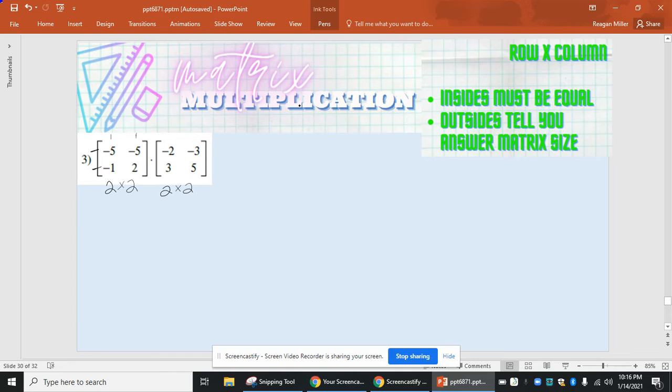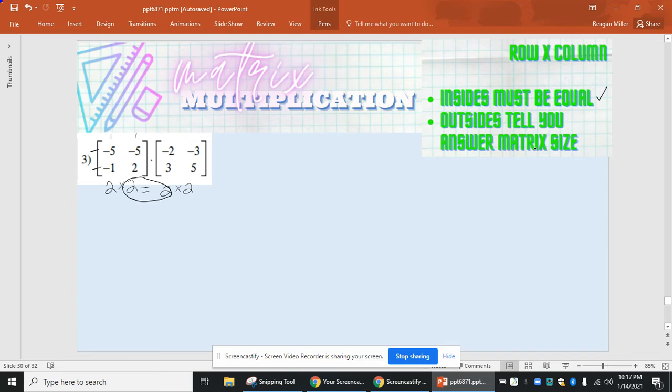So the first thing you need to do when you're doing matrix multiplication is check that your insides must be equal. What I mean by that is these two numbers here have to be equal to each other in order for you to be able to multiply them. So that does work for this example. You have a 2 and a 2, so we are able to multiply these matrices.